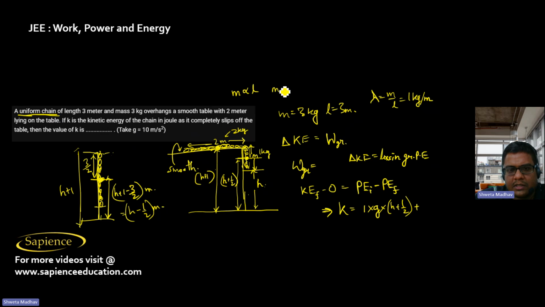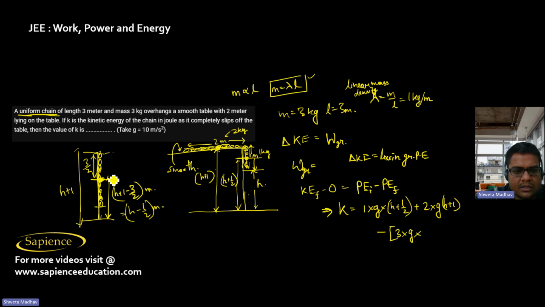It means m, we can tell it is lambda times L, where lambda is the linear mass density. So mg into h plus half plus this part will be mg into h plus 1 minus the final potential energy, which will be this mass is 3 kg, mg into h minus half.